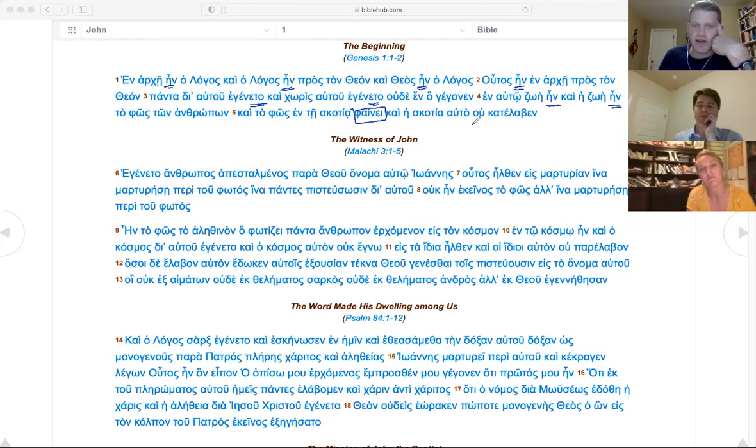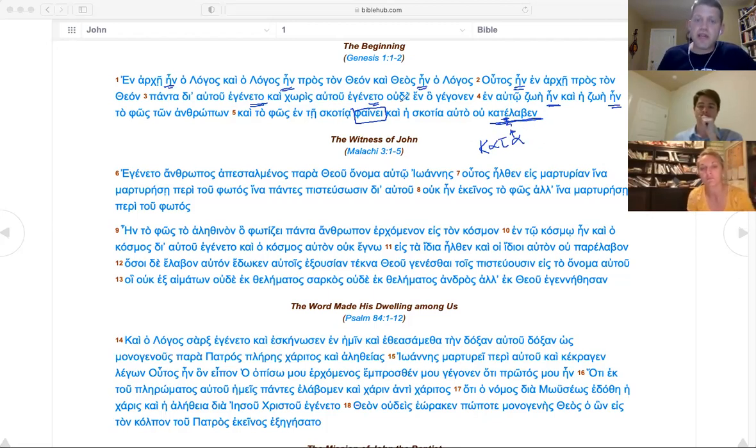Okay, so katelaben. This comes from katalambanō, but it was a kata, and now it became a kate. So you actually have this augment going on right there. This is a different past tense called the aorist. We're not there yet. We don't have to worry about it.